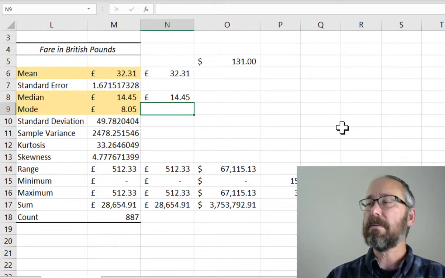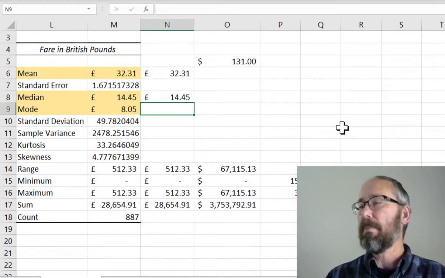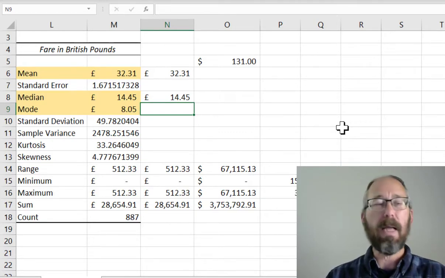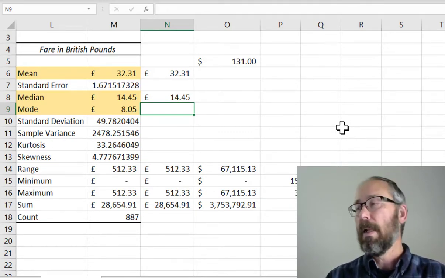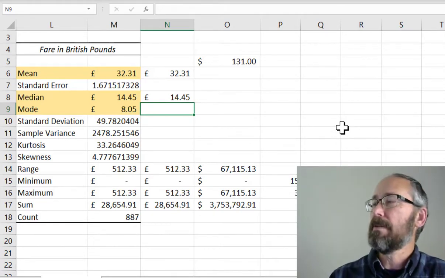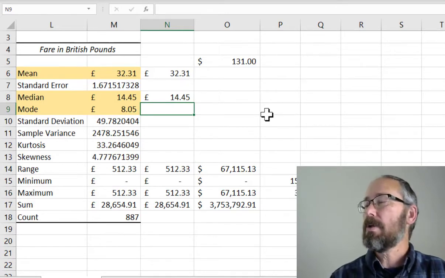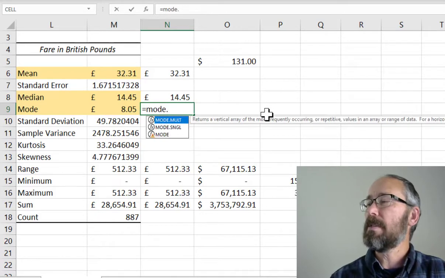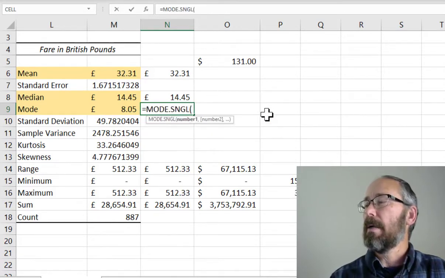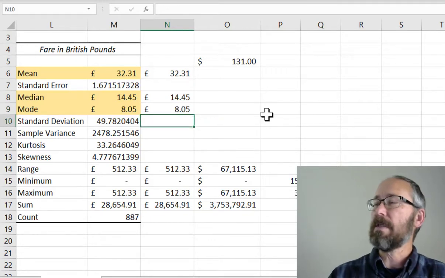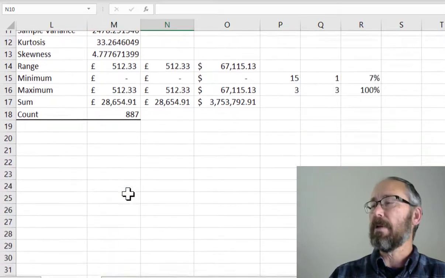And here it gets a little more complicated because there's a mode single and a mode multiple. And what the data analysis Toolpak uses is the single. So equals MODE.SINGLE. And again, that range. And I'm going to illustrate what the difference is here, but notice we have the same values there. So let's take a look at what the difference is.